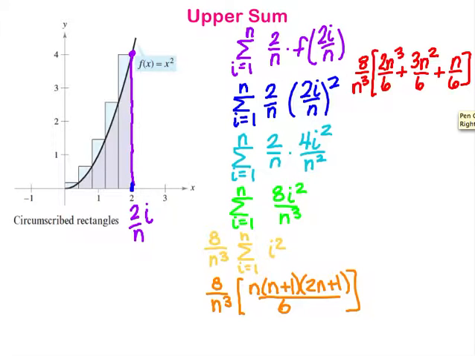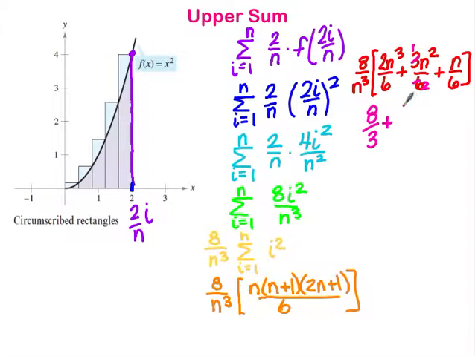So now what I need to do is distribute those. 8 times 2 is 16 over 6, which should be 8 over 3. And then you each have an n cubed. 3 over 6 is 1 over 2.